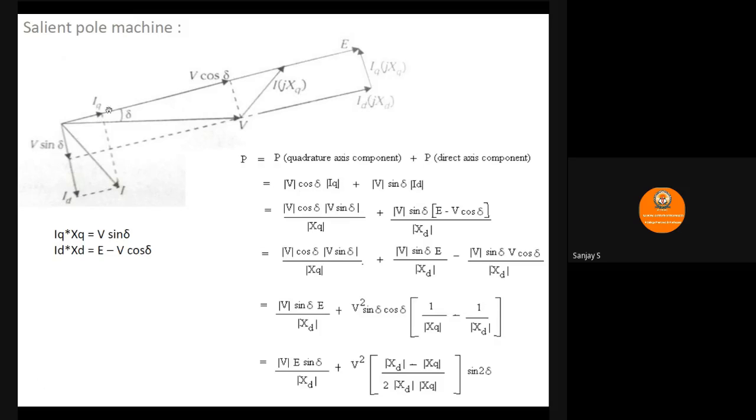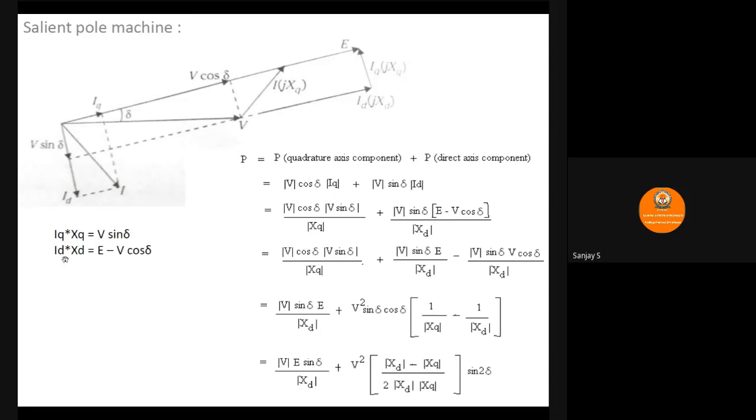If you take this particular triangle, this happens to be XQ. From the first formula itself you can understand IQ XQ is equal to V sin delta. So in place of IQ I can write V sin delta divided by XQ.